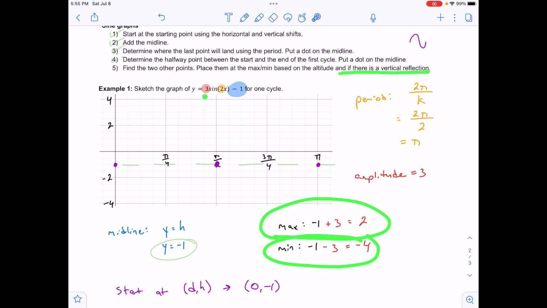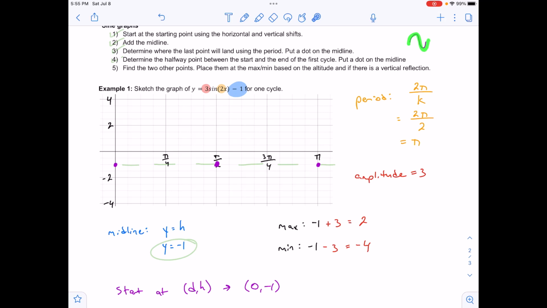In this case, there's not. So I do follow the typical sine function. If there had been a vertical reflection, I would go down first instead of up. But here there's not, so I go up first and then down. Okay, so my first dot is going to be located at the max, which is at 2. And my fourth dot is going to be located at the min, which is at -1.